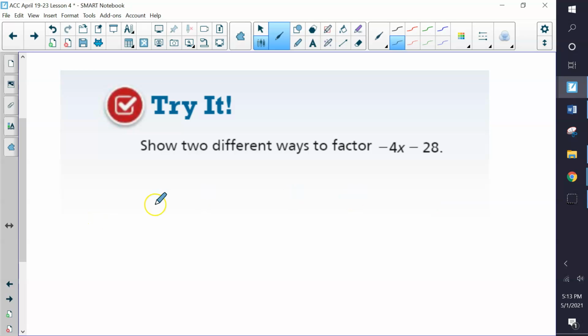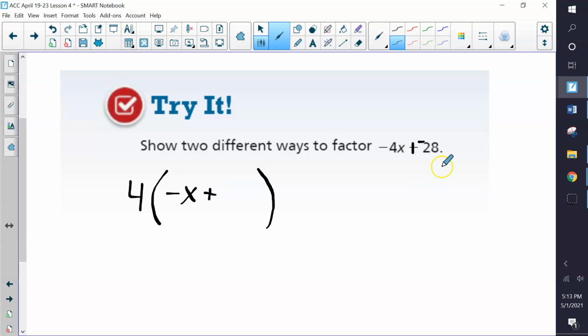All right, let's do it 2 different ways. You may want to make that plus a negative 28, just like that. And let's factor a positive 4 out. So negative 4 divided by positive 4 is negative 1. And then there's our plus sign. If everything's addition, it makes it easy.